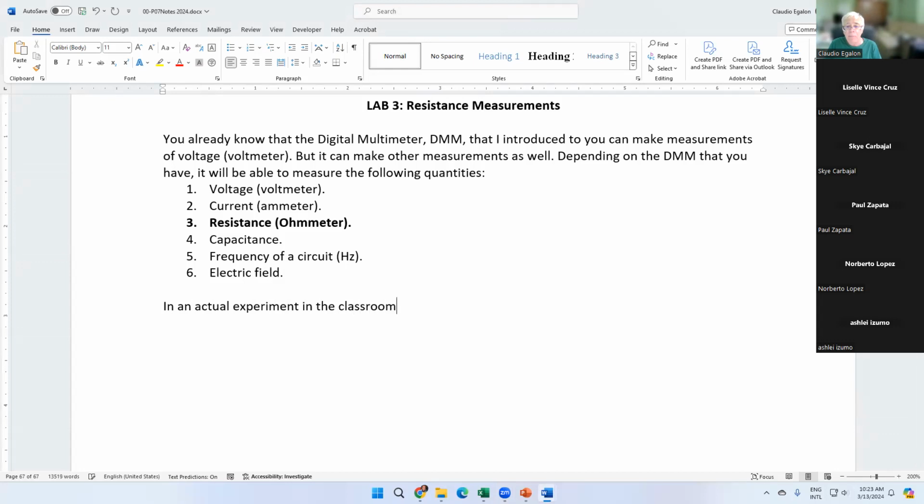In the classroom, I provide my students with 6 different resistors.